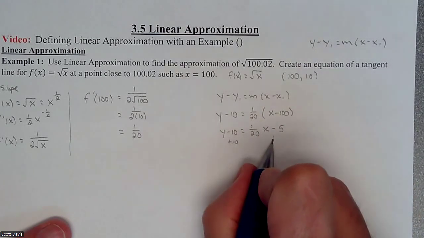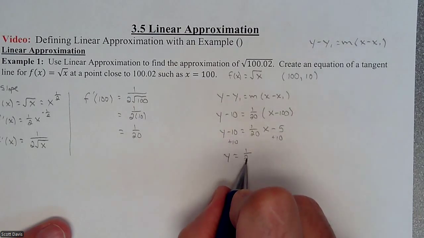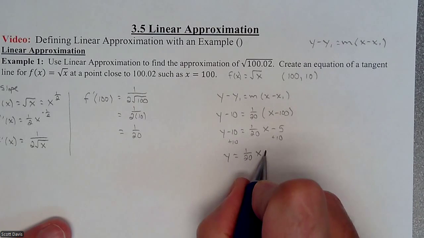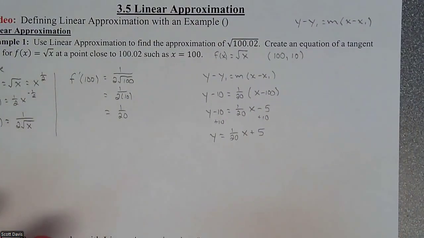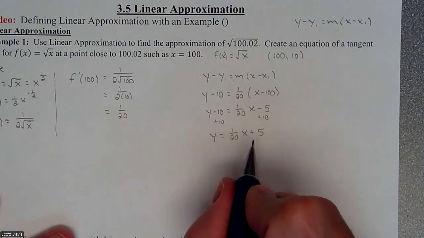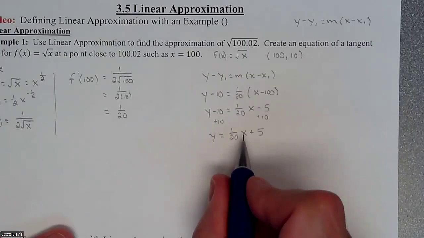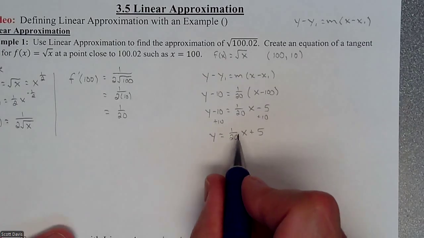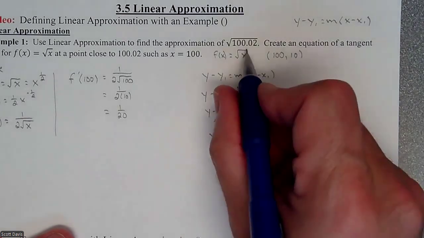I'll add 10 over, so y equals 1/20th x plus 5. We would then take this tangent line, plug in 100.2, and the y value that it spits out is going to be approximately the square root of it.